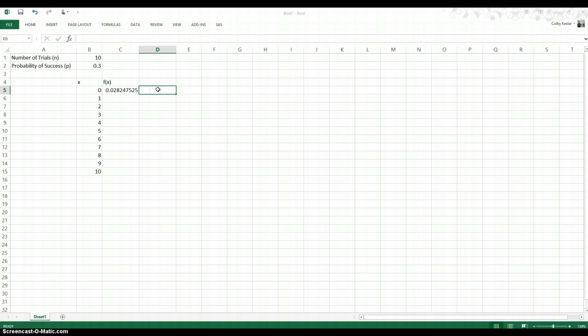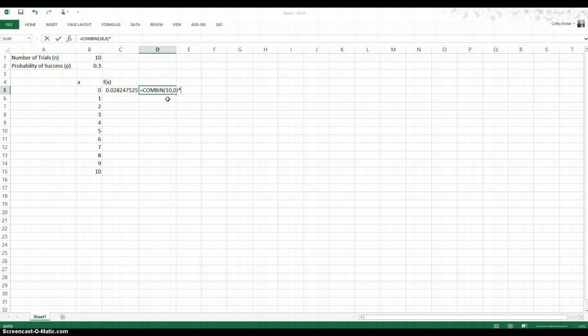What I can do to check that, over here next to it, I'm going to do equals. I'm going to calculate this out by hand. COMBIN is the binomial coefficient, so we're going to compute the binomial coefficient, and notice it prompts you here for the number, so that's our number of trials. We have 10 trials, and we're choosing 0 of them to be successful.